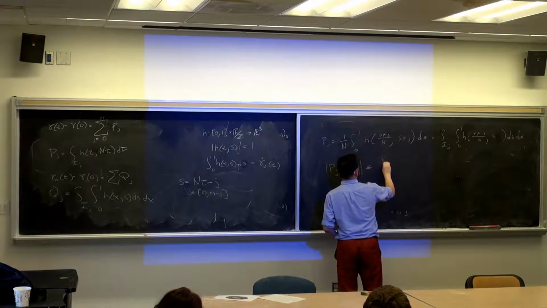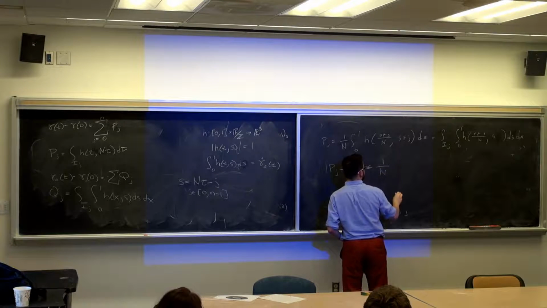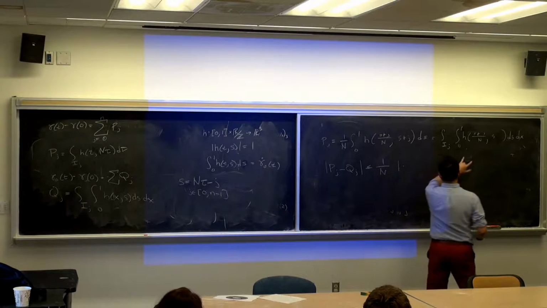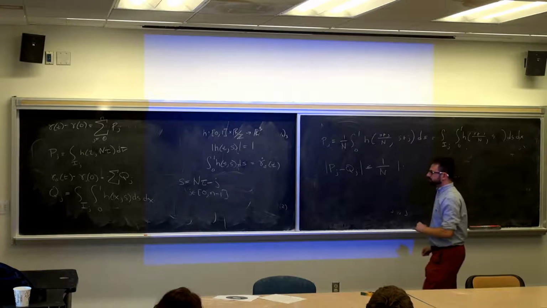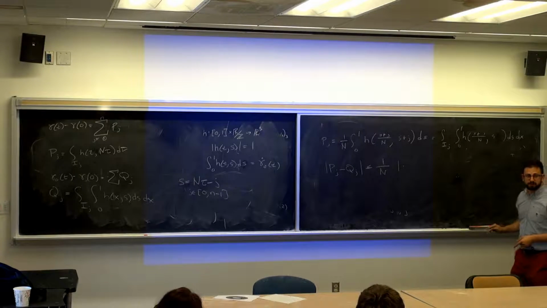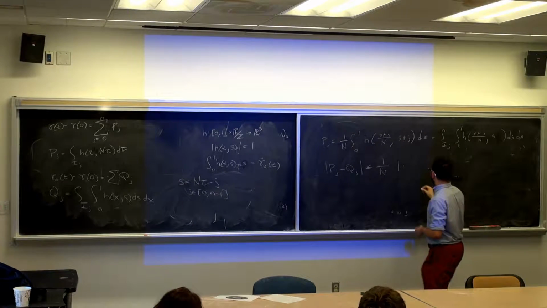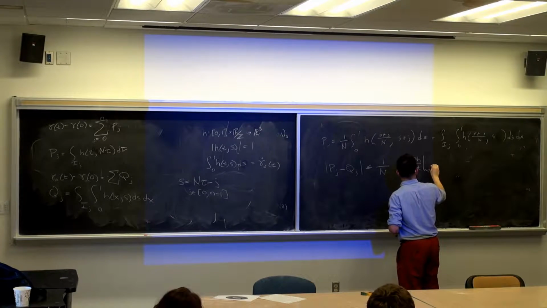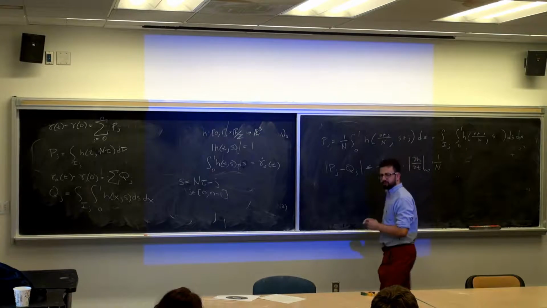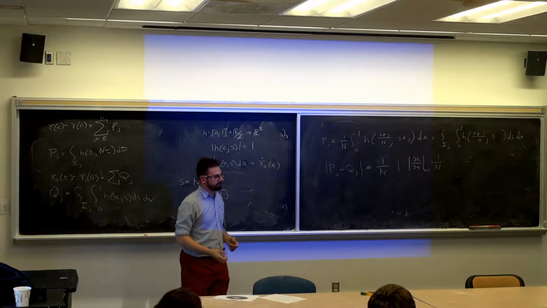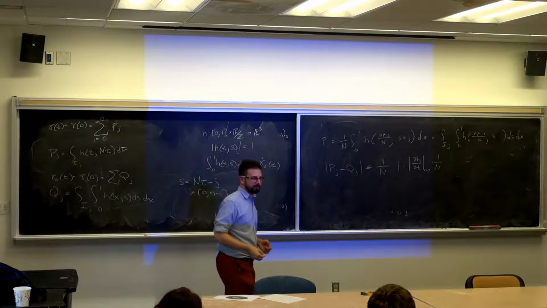So the size of ij is n, the size of 0, 1 is 1, and the difference between h of s plus j and h of x, when x is in ij, is no bigger than dh dt times 1 over n, because the distance between them can't be bigger than 1 over n.